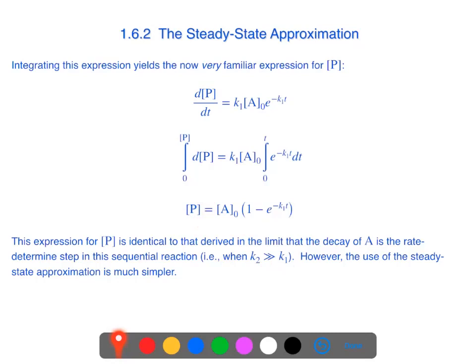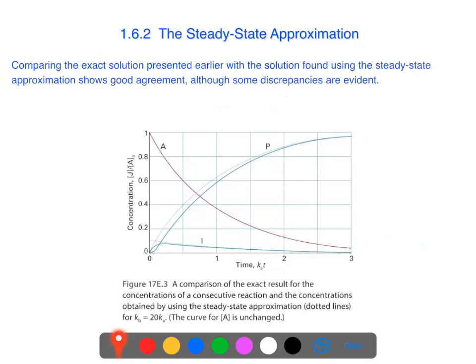If we look back at a figure that we presented previously for this particular reaction mechanism, where the reactant A is decaying to an intermediate and P is growing in after the decay of the intermediate to product, and we compare the exact solution presented earlier with the solution found by applying the steady state approximation, we see that there is good agreement, although there are some discrepancies or differences that are obvious.